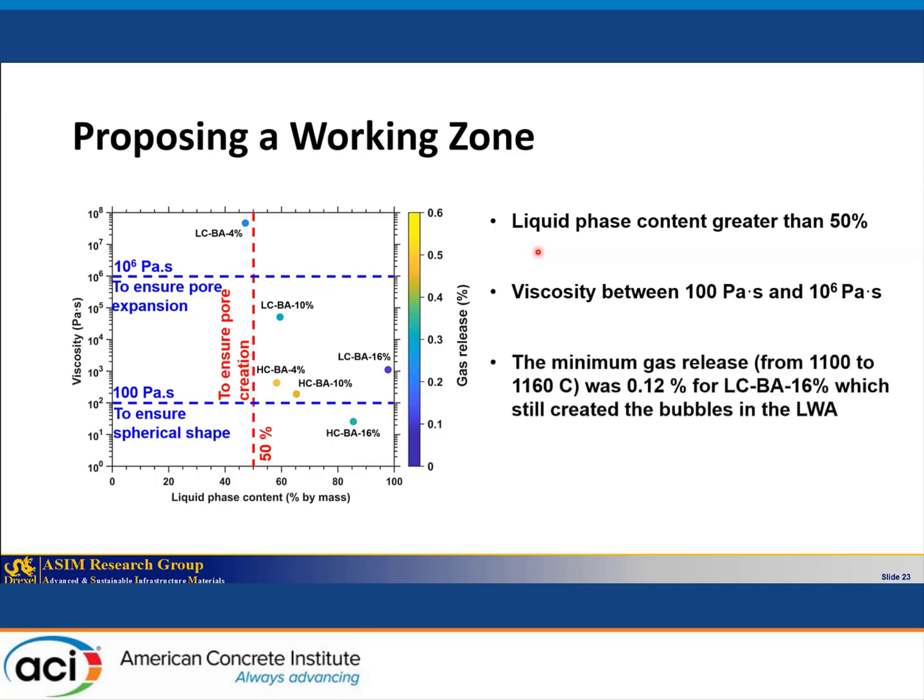And we observed that 0.12% gas release could be enough to make sure that gas-filled pores are going to be created in the system. By putting these three together, we are able to propose a working zone where, if the lightweight aggregate is placed in that zone, we can make sure bloating happens for that lightweight aggregate.